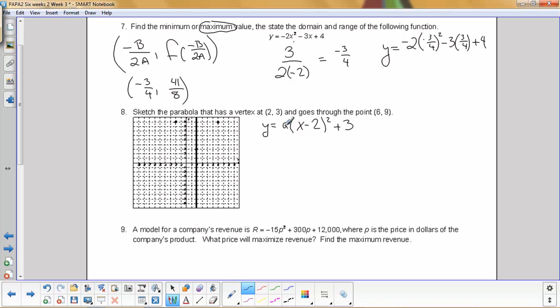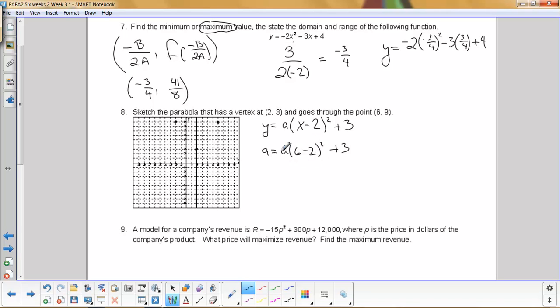So now what I'm going to do is solve for a by using the point that was given to me as well. The point is going to be plugged in for x and y in the vertex form of the parabola, leaving only one variable, and that variable is a. So that's going to be 9 equals a times (6 minus 2) squared plus 3.